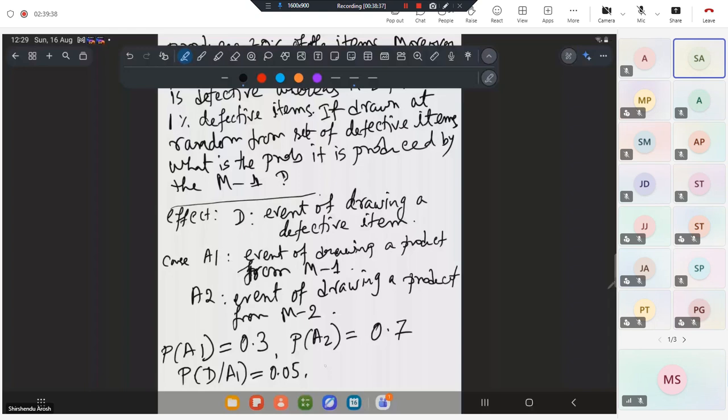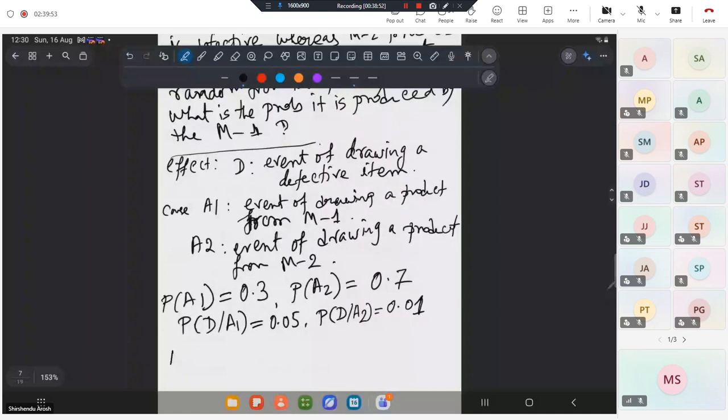Probability of a defective item, given that it is coming from machine 2, is 0.01. What I need to find out is, given that it is a defective item, what is the probability that it is coming from machine 1? So cause 1 given effect.